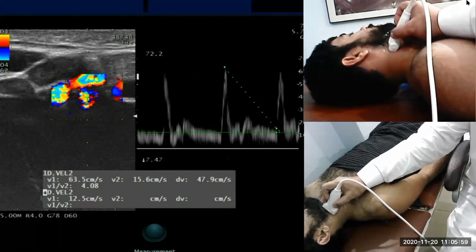So peak systolic here is 63 and end diastolic is 15. So almost a ratio of 4 to 1. The previous one was having a ratio of 2 to 1. That was the internal carotid. And this one is the external carotid.